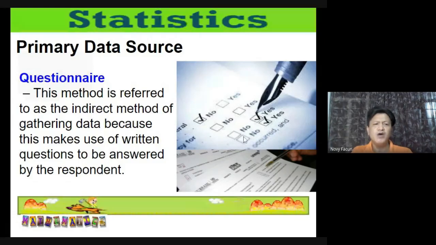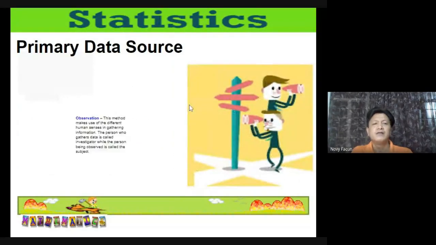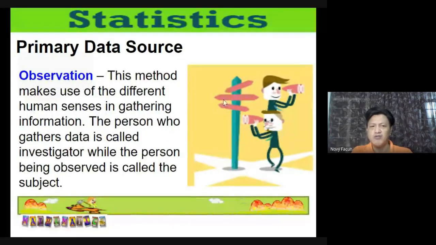Okay. Next, we also have this is observation. Kung mapapansin natin, this method makes use of different human senses. Kaya inoobserbahan natin yan to gather information. The person who gather data is called investigator or pwede siyang researcher. While the person being observed is called the subject.